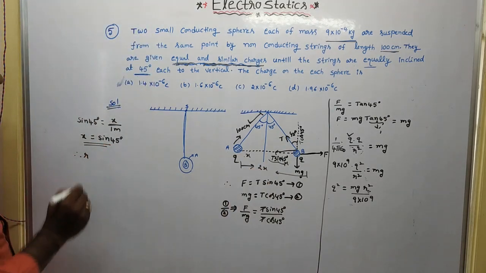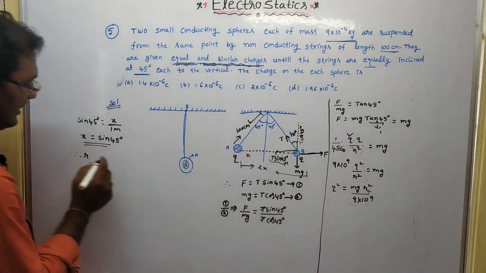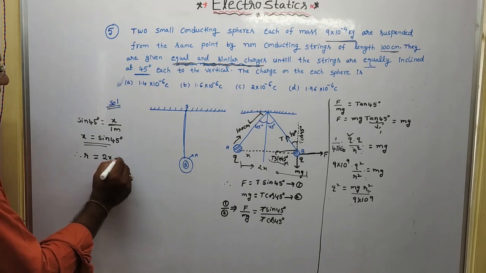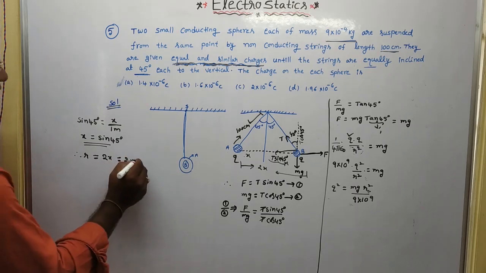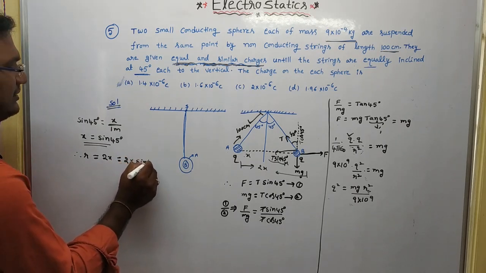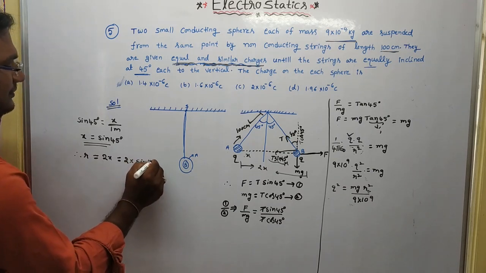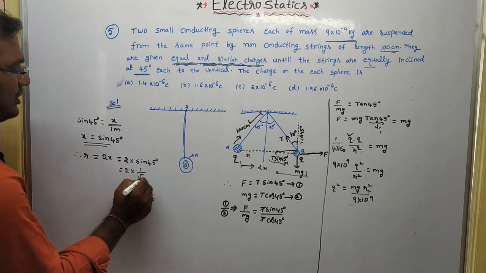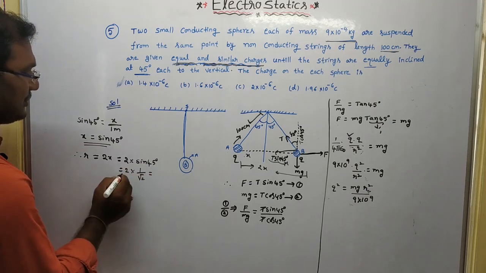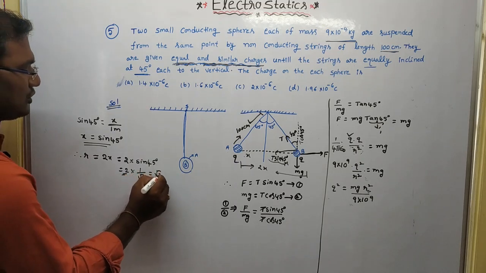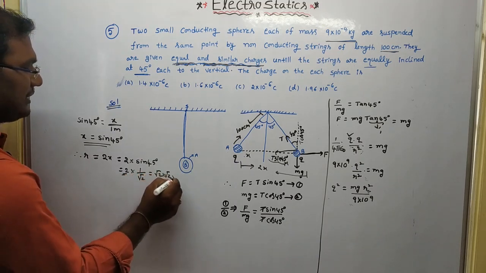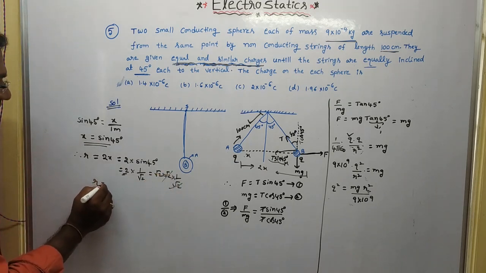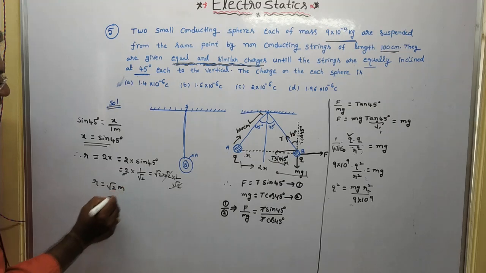Therefore, the distance between A and B equal to 2x, that equal to 2 into sine 45, that equal to 2 into 1 by root 2, which can be written as root 2 into root 2 into 1 by root 2. Root 2 gets cancelled. Therefore, r equal to root 2 meters.